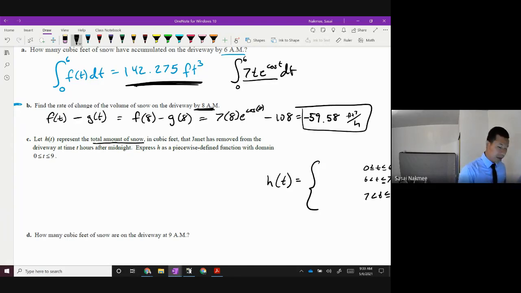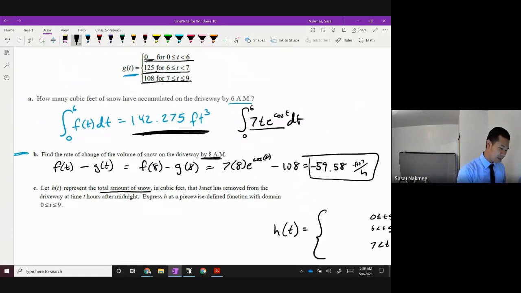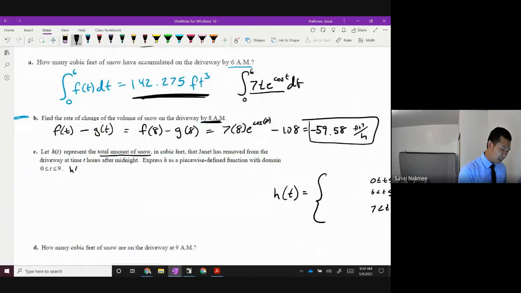Okay, so what you're going to do is the integral about 3 different times because we have 3 different function values here. So check this out. We know that at the beginning, at T equals 0, Janet hasn't removed any snow yet, so I'm going to write that down there.